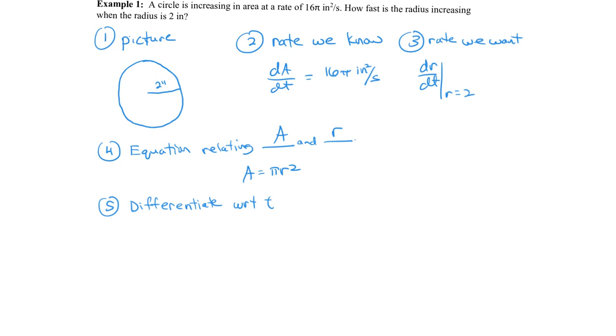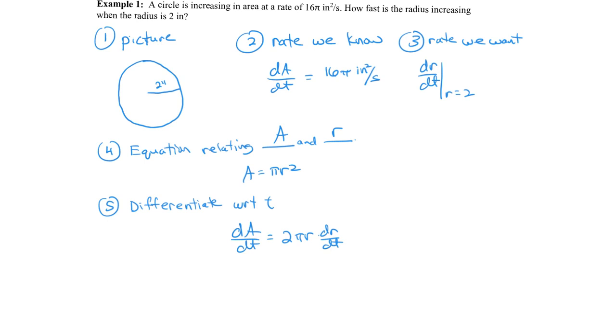So when we differentiate, we're going to get dA/dt equals, here we're going to need the power rule because r is our variable, so we'll get 2 pi r. So we get 2 pi r, but r is not t. So once again, we have the chain rule, or we have implicit differentiation, right?